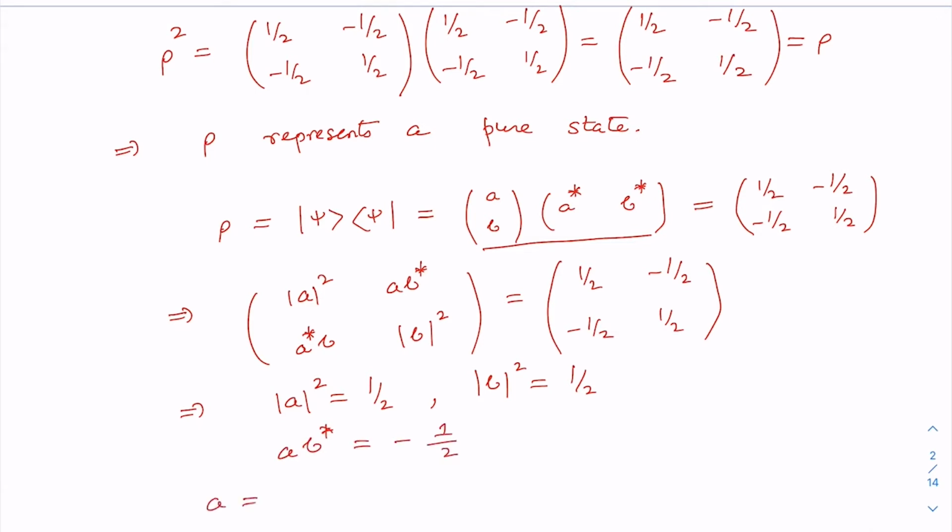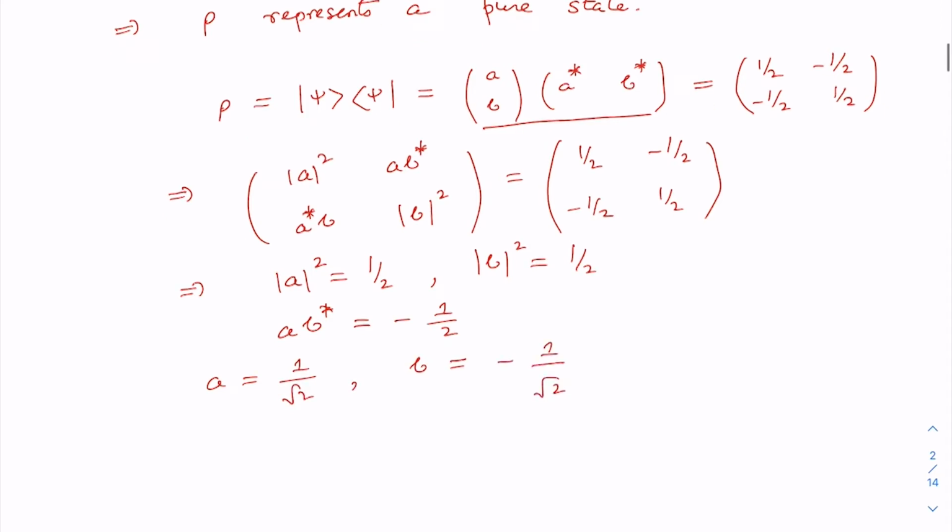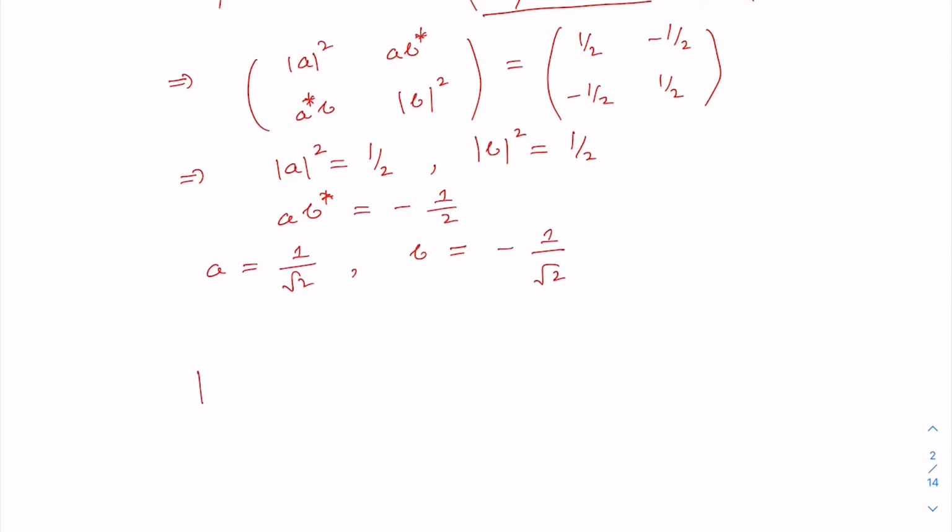So if I take a equal to 1 by root 2, I must take b as minus 1 by root 2. So therefore the state vector psi would be 1 by root 2 times 1, minus 1. So this is the normalized state vector.